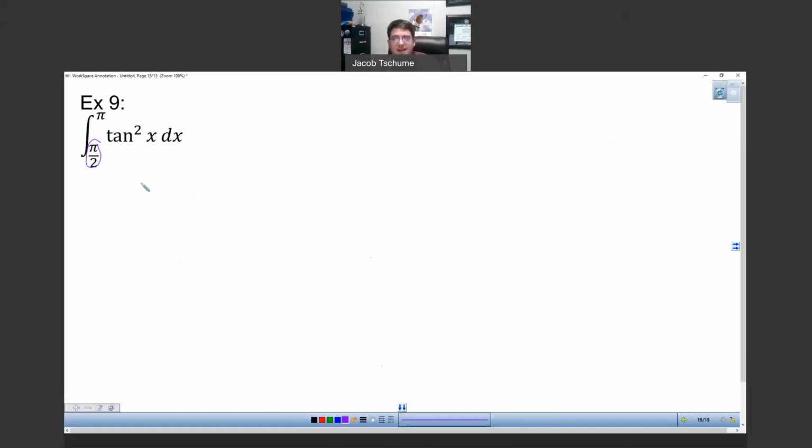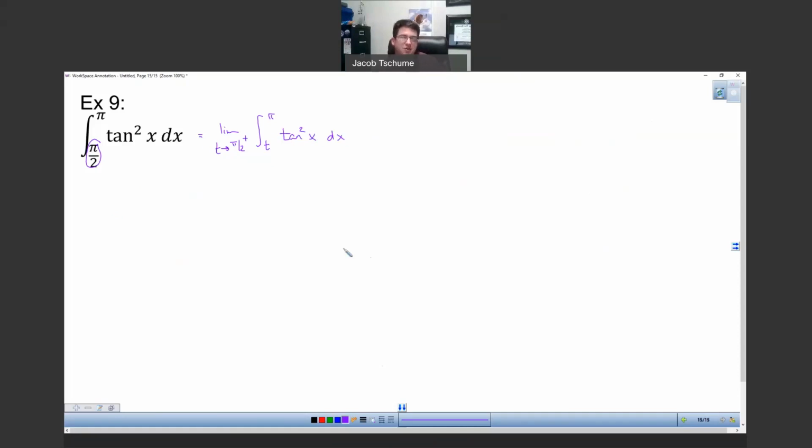Let's rewrite this as our limit problem. This would be the limit as t approaches pi over 2. Now, since it's on the bottom endpoint or the left interval, you have to approach from the right of the integral from t to pi of tangent squared x dx.